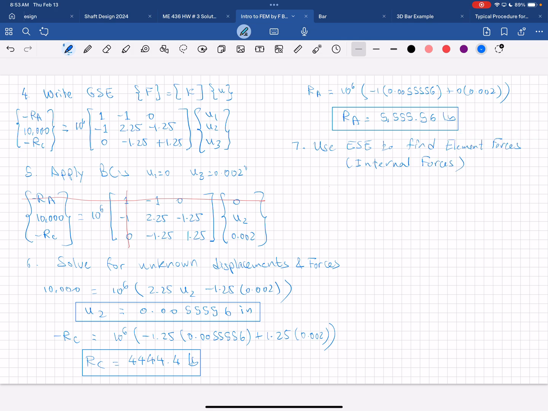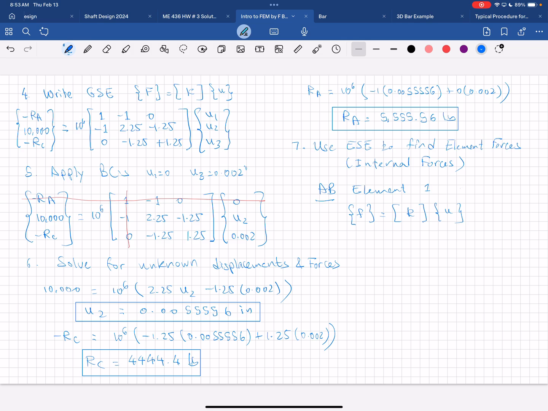So I'm going to start with AB, or element 1. And remember, the element stiffness equations are f equals k, these are lower cases, multiplied by u.